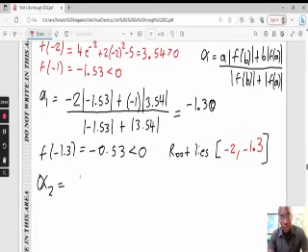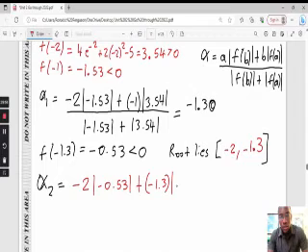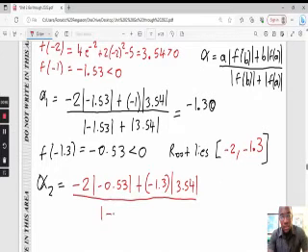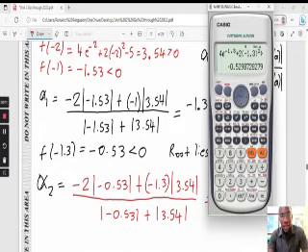So now this is negative 2 times the modulus of f of negative 1.3, which is minus 0.53, plus negative 1.3 times the modulus of f of negative 2, which was 3.54, over the modulus of negative 0.53 plus the modulus of 3.54. Remember, the modulus makes it positive when you put it in a calculator.